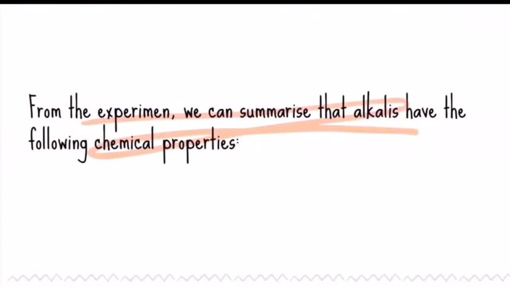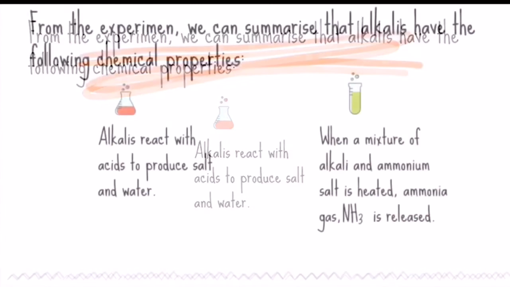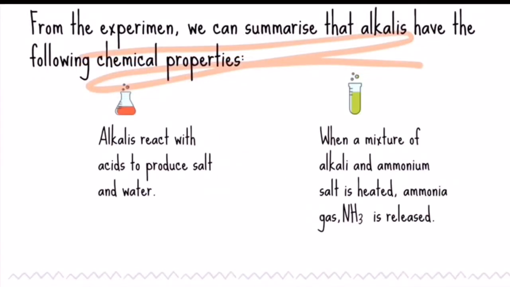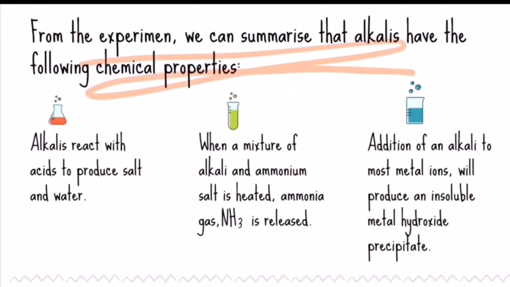From the activity, we can summarize that alkalis react with acid to produce salt and water. Next, when a mixture of alkali and ammonium salt is heated, ammonia gas is released. Lastly, addition of an alkali to most metal ions will produce an insoluble metal hydroxide precipitate.